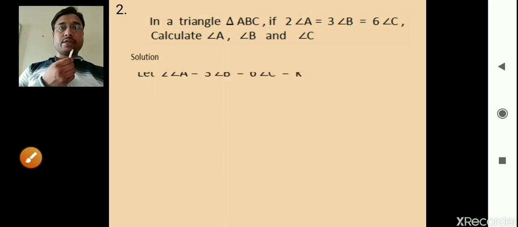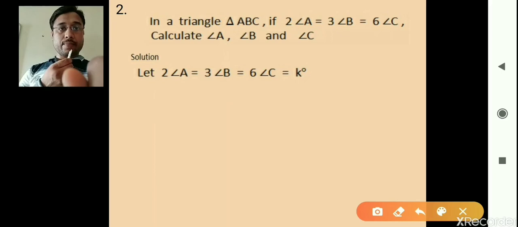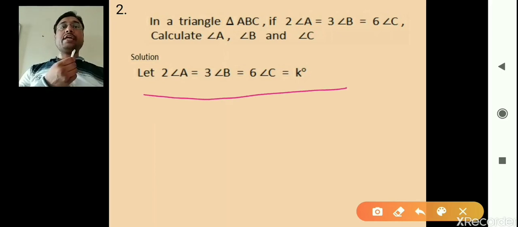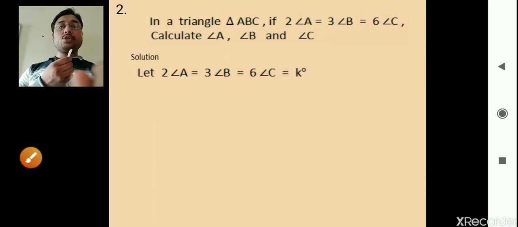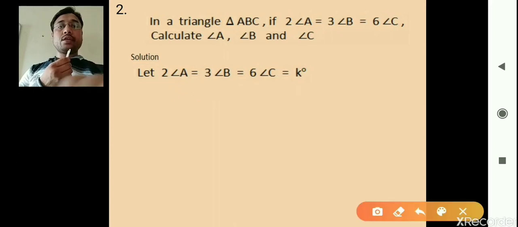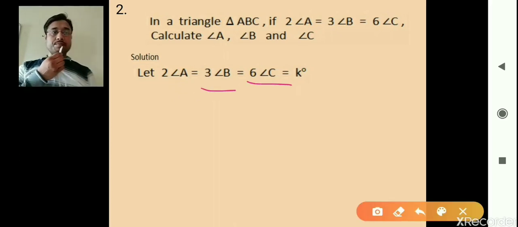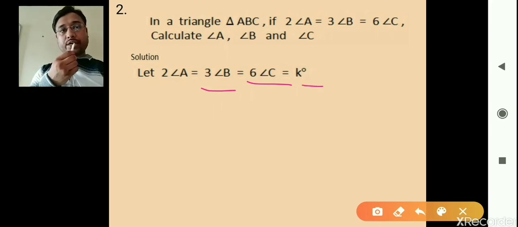In the solution, let the value of this equation be k. That means 2a equals 3b equals 6c. These all values are equal. Let their value be k degrees, because they are after all representing angles.